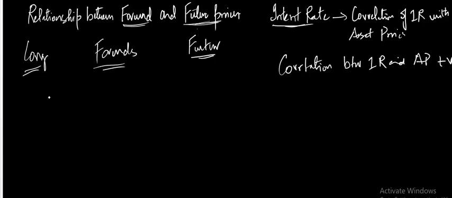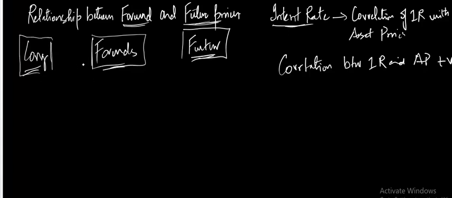Now, if the correlation between asset prices and the interest rates is positive, so what should a long party prefer? Should he go for the forwards or should he go for the futures?